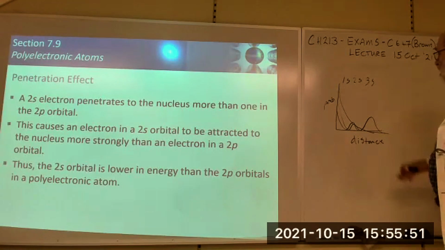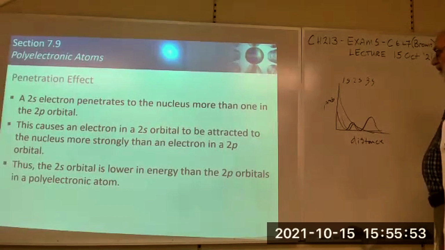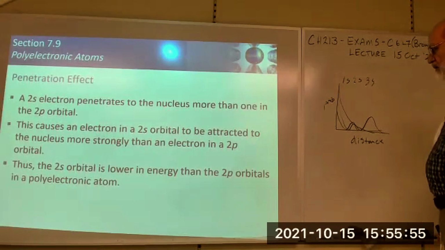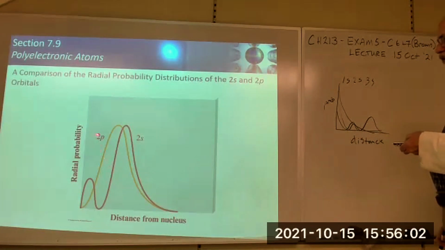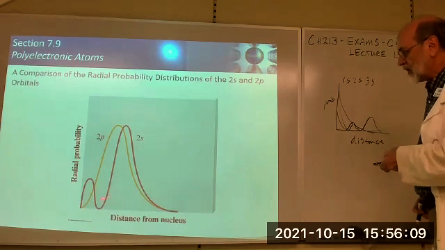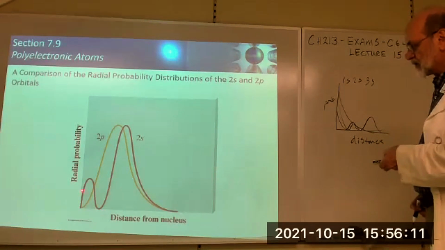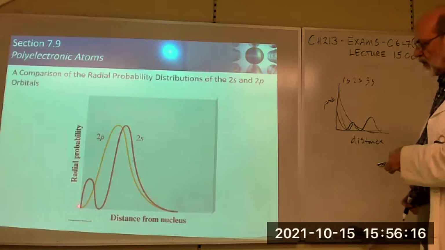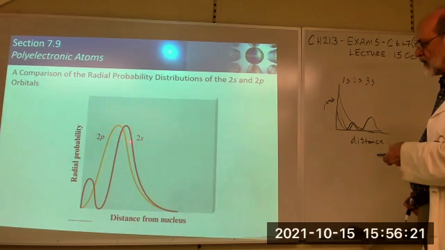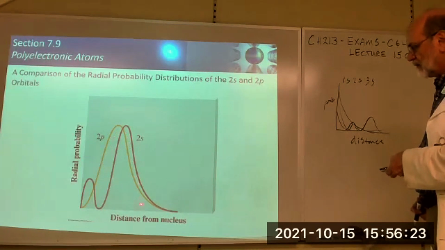And when we compare s and p orbitals, let's see if we've got a picture. Okay. If we're in the same principal quantum number 2 here, the s orbital in the 2 level has a node right there. So this is the 2s orbital, the red one. The 2p orbital is here, with most of its electron density right in that region.